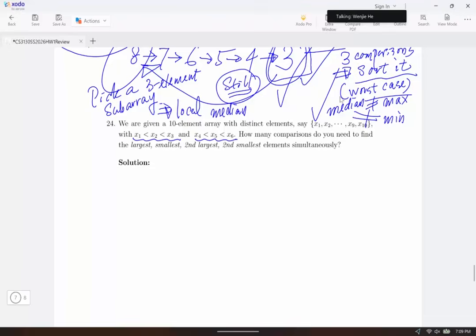And we need to find largest, smallest, second largest, second smallest. All right. So here, let's do two steps. The first step, just the largest and the smallest, relatively easier. This is the first round, round one. This is the round two.